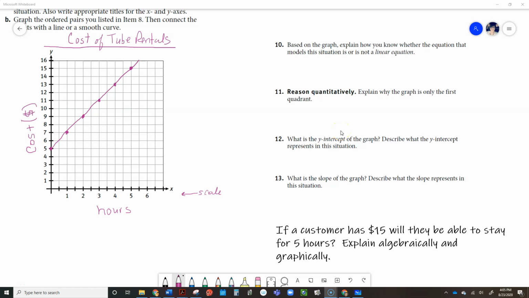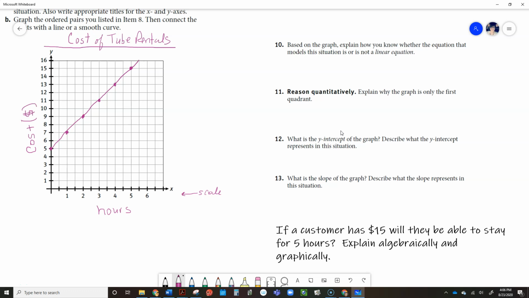Picking up where we left off, number 10 says, based on this graph, explain how you know whether the equation that models the situation is linear or not. Well, I can tell it's linear because it looks like a line. It was straight. It had a constant rate of change.